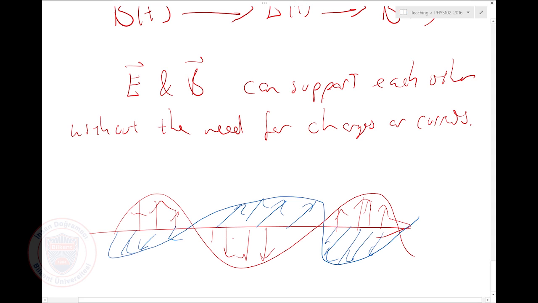So he said, okay, in free space I can have these waves which have electric field and perpendicular magnetic field, and they'll have cosine variation in space, and they will move with constant speed.